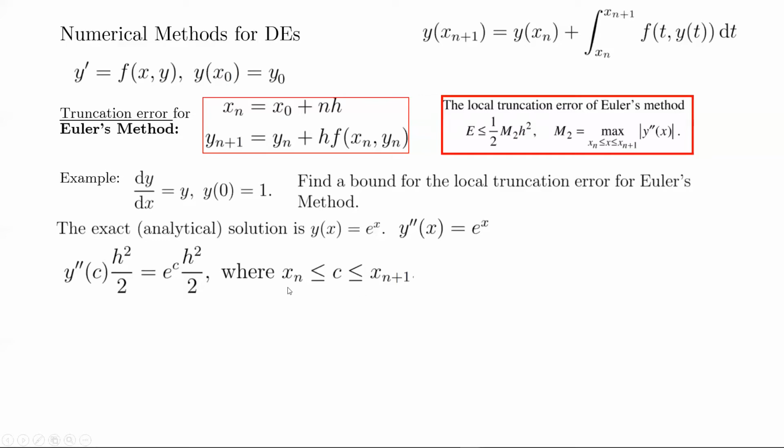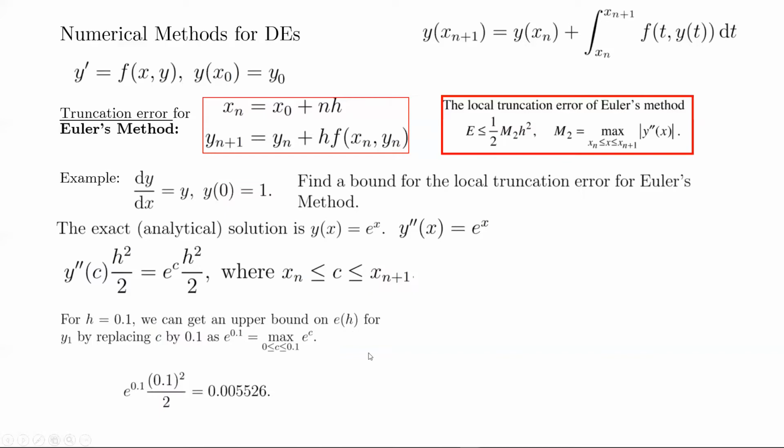So the maximum on this domain xn to xn plus 1 is going to be when C is equal to xn plus 1. h, if you recall, was initially 0.1, so we can get an upper bound for the error for y1 by replacing C by 0.1, so xn was 0, xn plus 1 was 0.1, so e to the power of 0.1 is that maximum, what we were calling M or M2 over here.